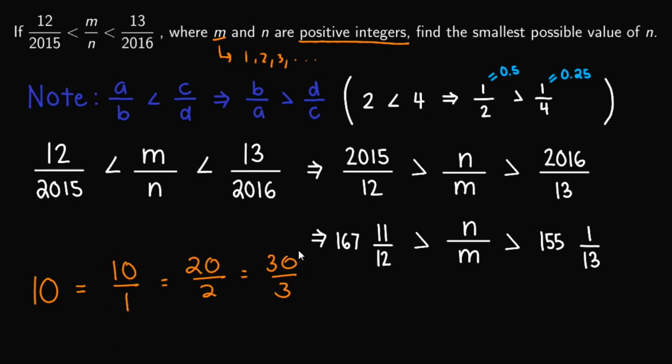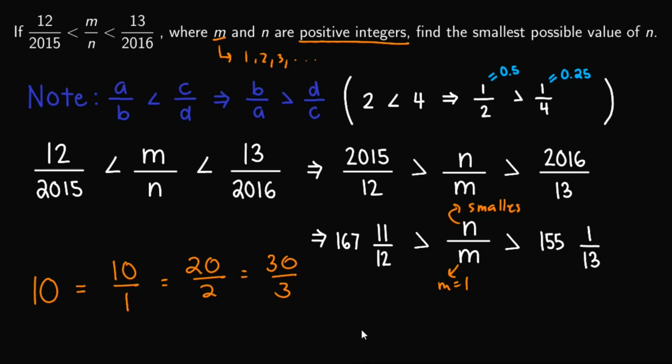So in other words, if m is equal to 1, then n would be at its smallest possible value, since the idea is that it is at its lowest term if m is equal to 1.